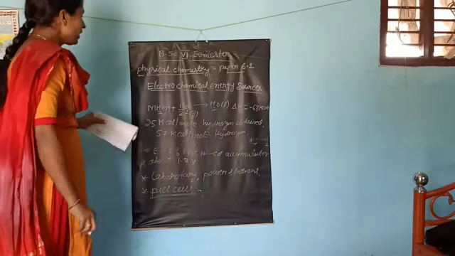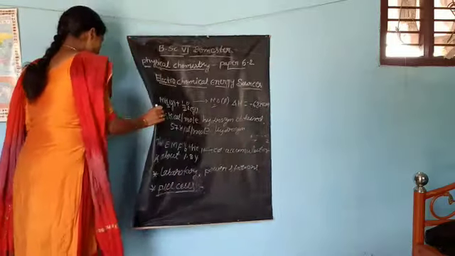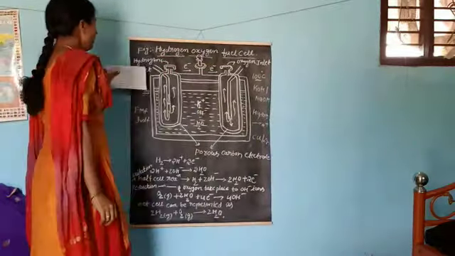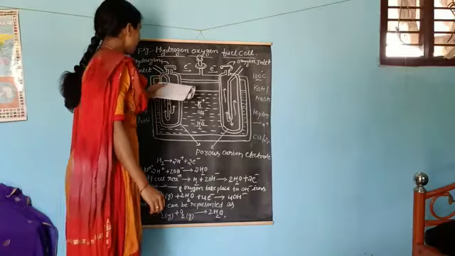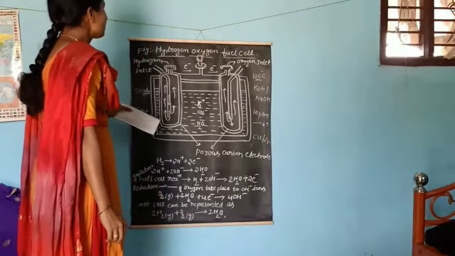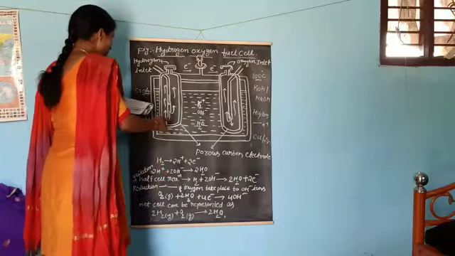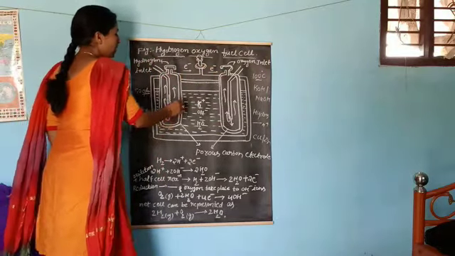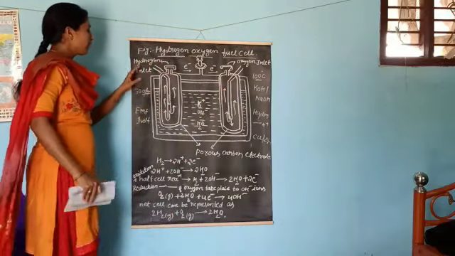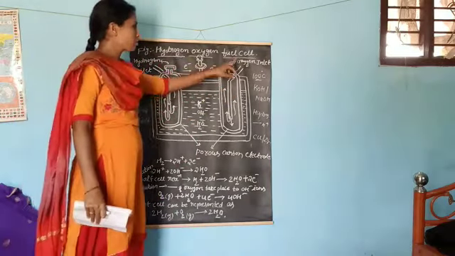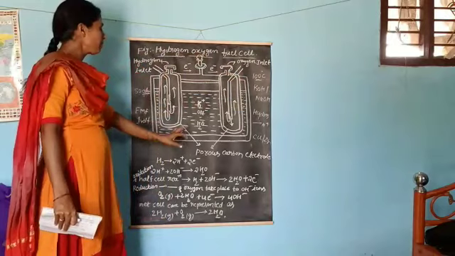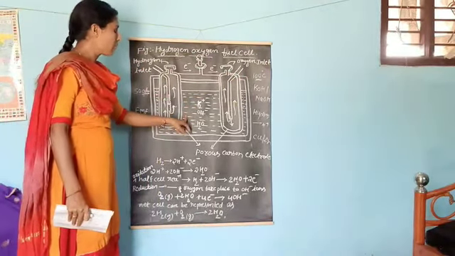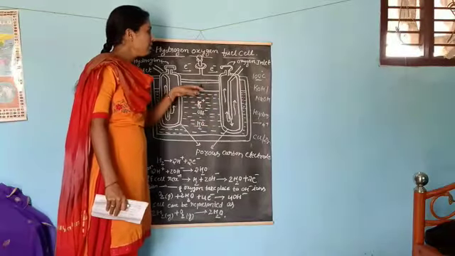One type of hydrogen and oxygen fuel cell is shown in the figure. There is a hydrogen inlet and an oxygen inlet for the two gases of the cell. The porous carbon electrodes are surrounded by an aqueous solution of potassium hydroxide. This KOH solution is presented in the figure.